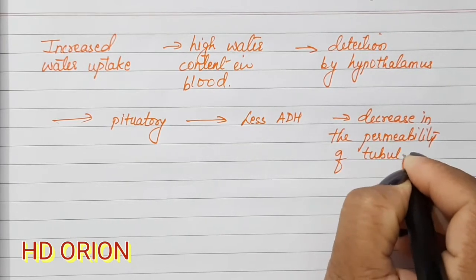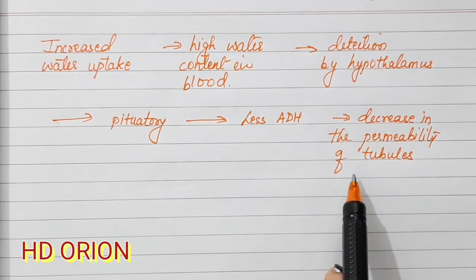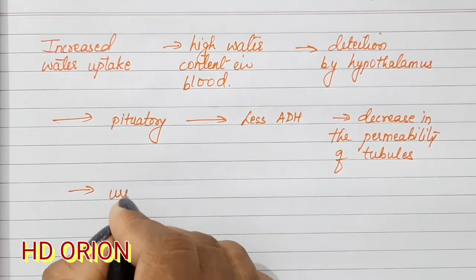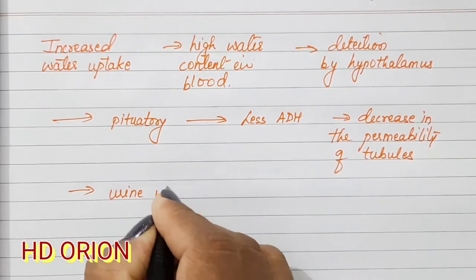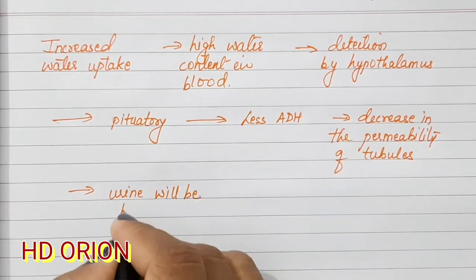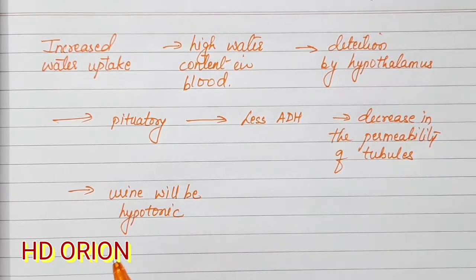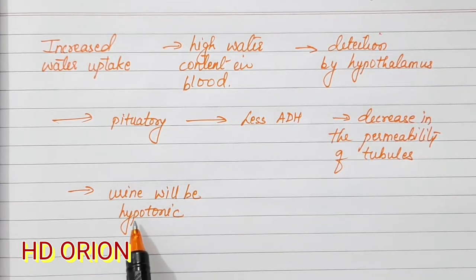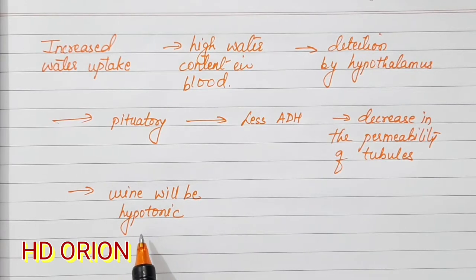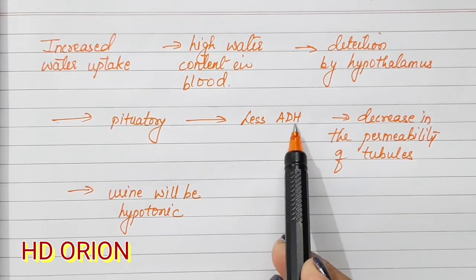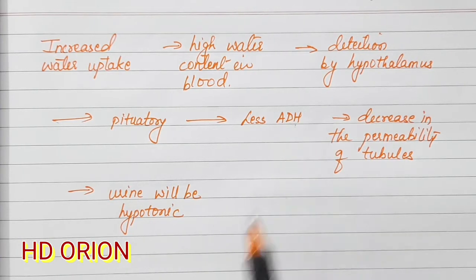So the tubules do not reabsorb enough water, and therefore the urine will be hypotonic. So when there is enough water uptake, the urine will be hypotonic. So the osmotic concentration of the urine is decided by the secretion of ADH. So this is how this hormone ADH helps in regulation of urine formation.